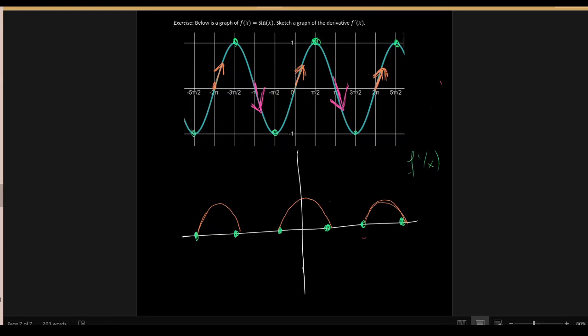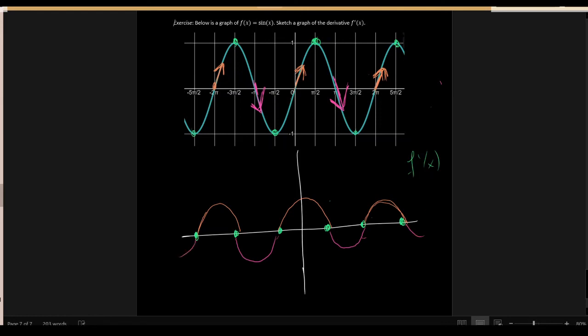So where will I graph the derivative in that case? The graph of the derivative is going to have to be below the x-axis. So I need to connect these green dots, but I need to connect them with a graph that is negative, that is below the x-axis. So I'll go down for a while, but eventually I'm forced to come back up. I'll go down for a while, but eventually I'm forced to come back up, and so on.